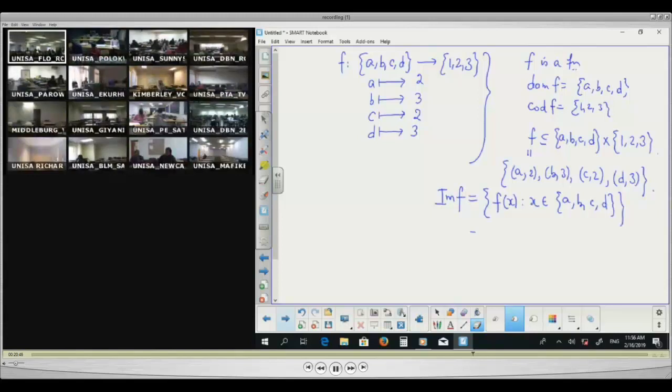The range is not equal to the codomain. And the inverse? The pre-image: f inverse of 2 is just A and C. f inverse of 3 is just B and D. Okay? Clear? Okay.